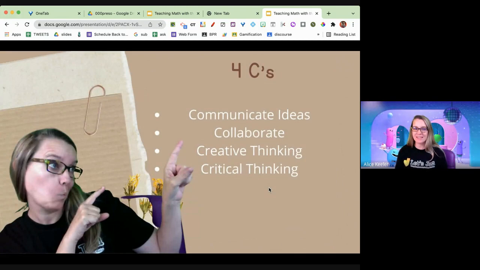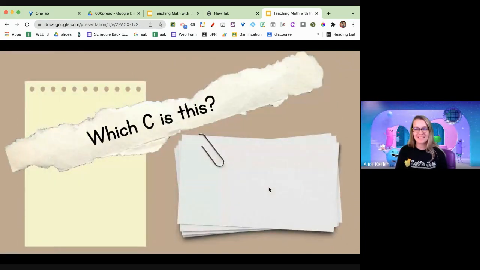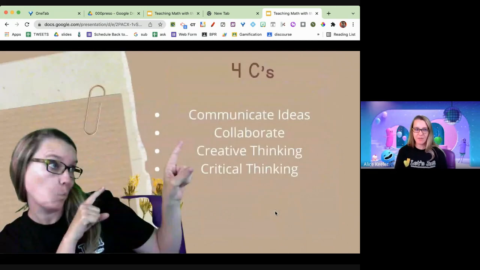Communicate ideas, collaborate, creative thinking, critical thinking. 2 trains leave the station. Which C is this? There's a reason my note cards are blank. My note cards are blank because the answer is none of them. This is none of the 4 C's.